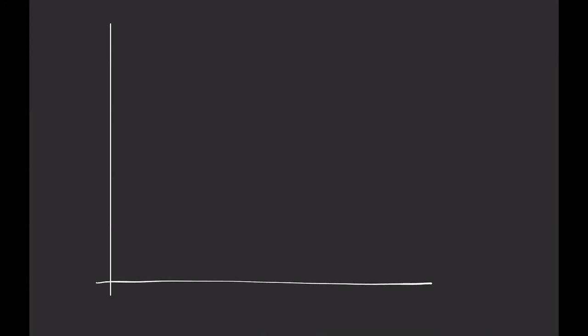Now, this could lead to a question. You might ask, what if we have two functions that look like this? What if we have a function that goes like that, and then a function that goes like this? Let's do a different color there.